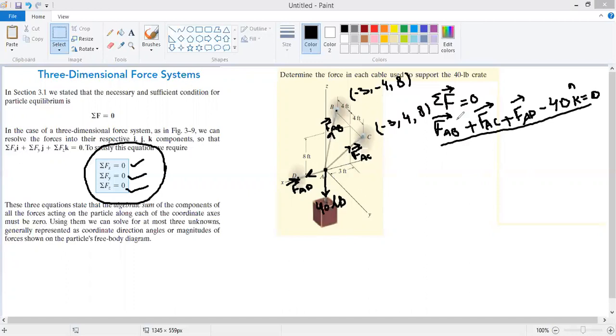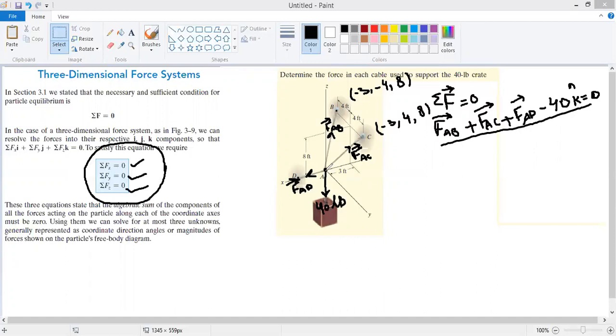Now let's write this FAB in terms of its components along x, y, and z, FAC in terms of its components along x, y, and z, and FAD in terms of its components. So if we go on to write this, look at this FAB.